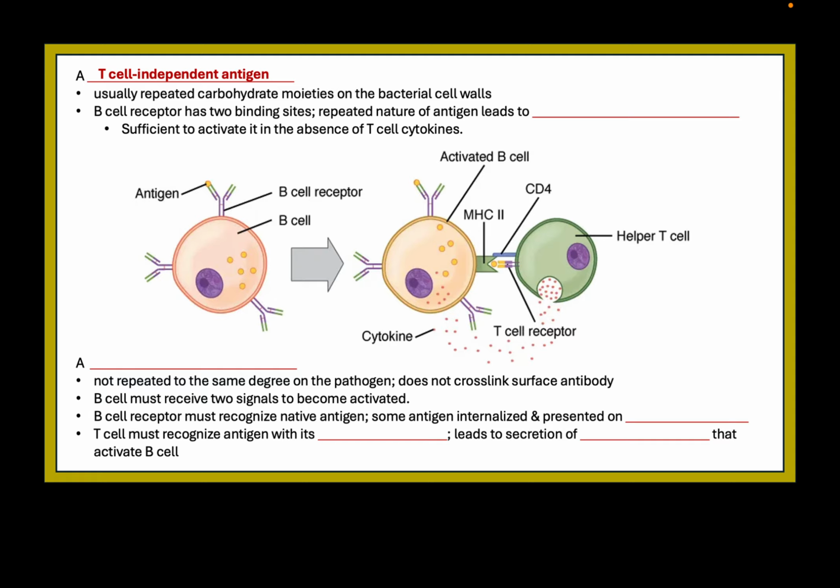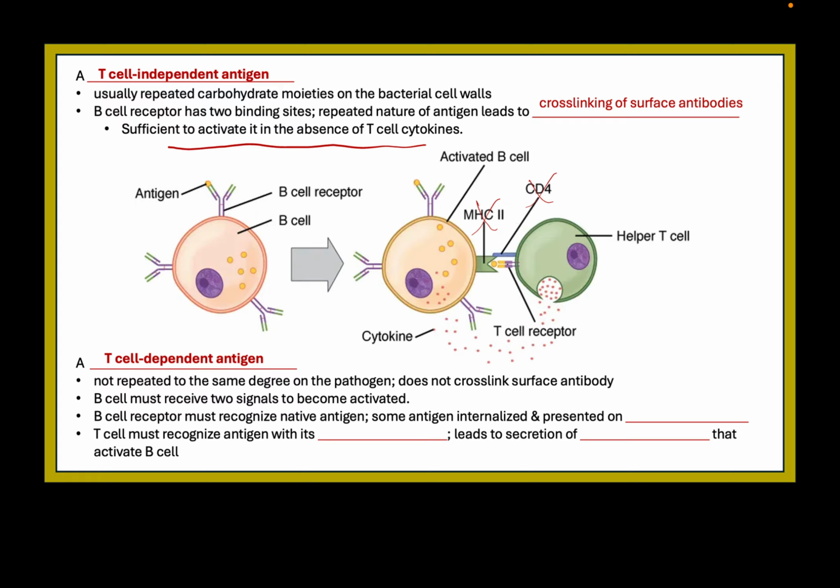The B cell receptor has two binding sites, and this leads to cross-linking of the surface antibodies, which is sufficient to activate in the absence of the MHC2 because it cross-links there. But in T cell dependent, it's not repeated to the same degree on the pathogen, thus it's not going to have enough signals to have them cross-link.